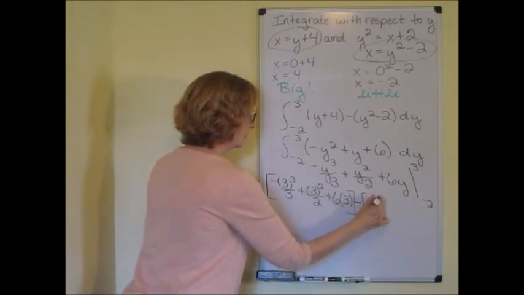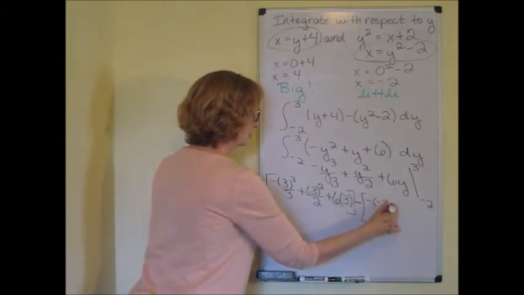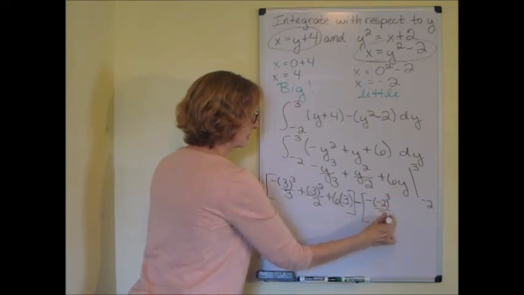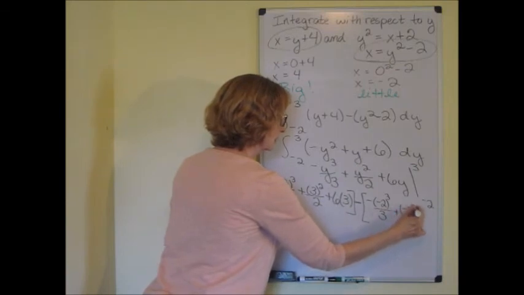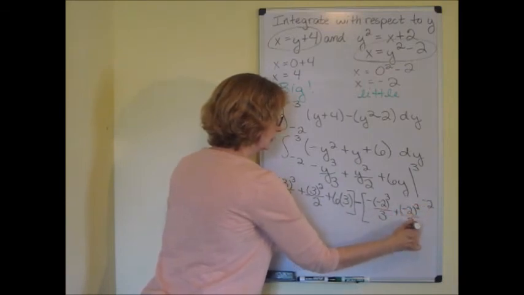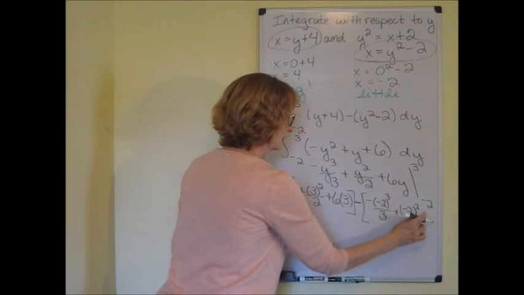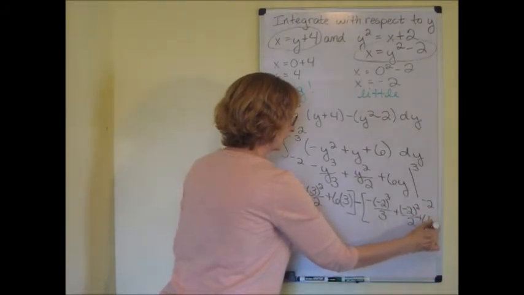So negative and then negative 2 cubed over 3 plus negative 2 squared over 2 and then plus 6 times that negative 2.